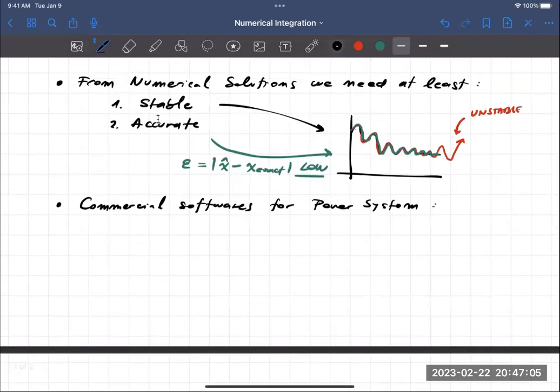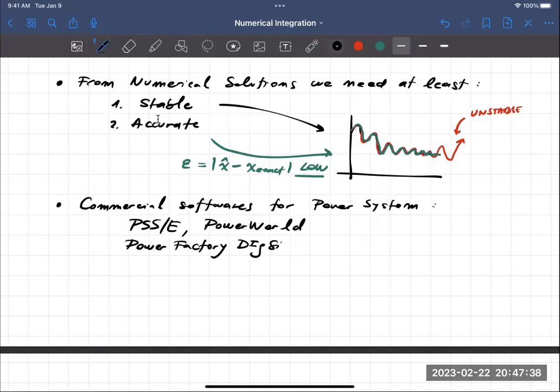So I'm going to give you some names so you can have reference. PSSE, for example, is a very famous one in the US, together with Power World. Those two are commonly used for ISOs here in the United States. However, in other parts of the world, for example, Power Factory, DIgSILENT, it's a very famous one, or ETAP.